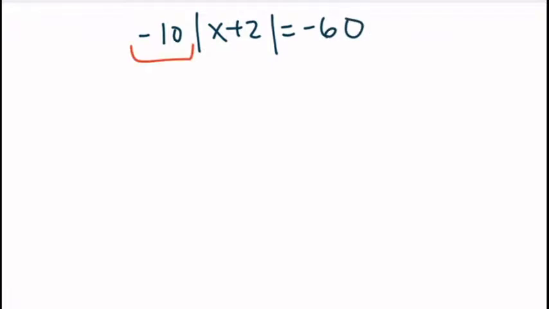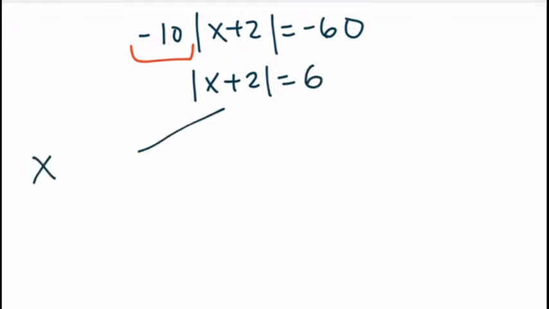So let's do negative 10 x plus 2 equals negative 60. We first divide by negative 10 on both sides, so we get positive 6. And then it's as simple as that. We just split it into our 2 normal equations.